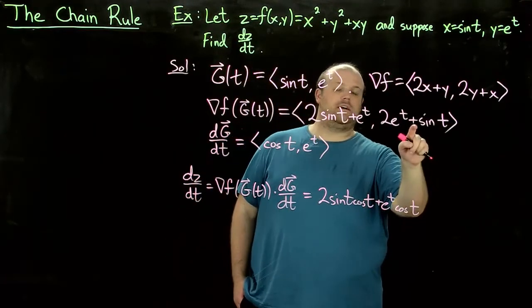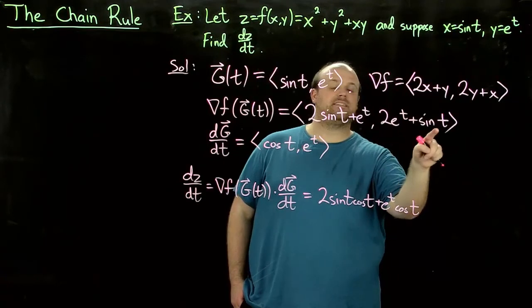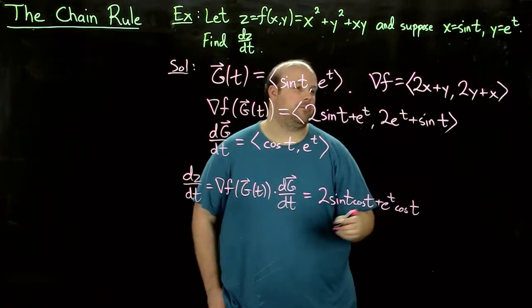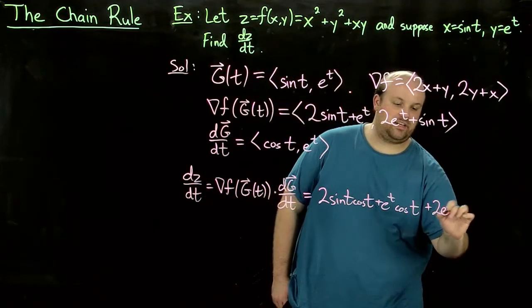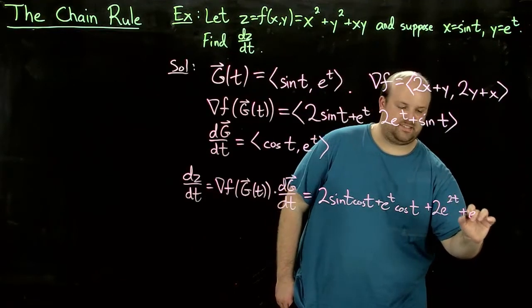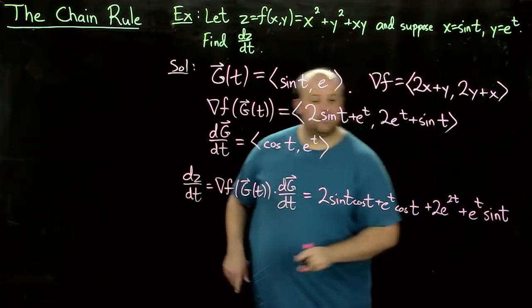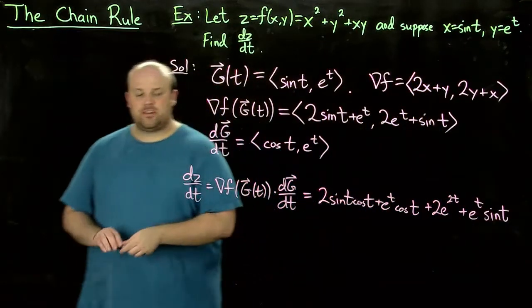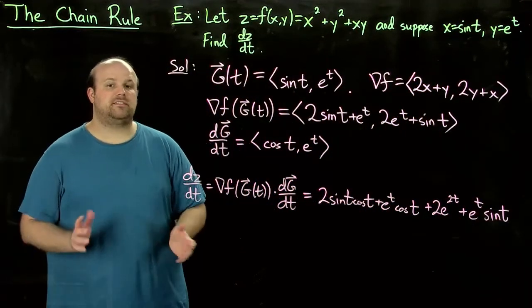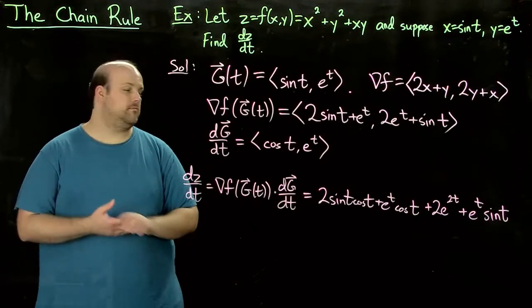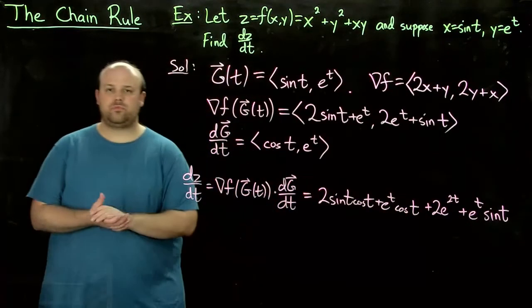Now we have 2 e to the t plus sine t, times e to the t. So plus 2e to the 2t plus e to the t sine t. And then you'll see here there's actually nothing that combines, so this is the final answer.